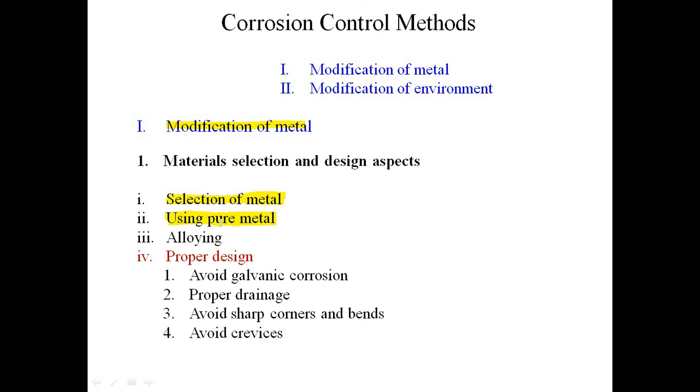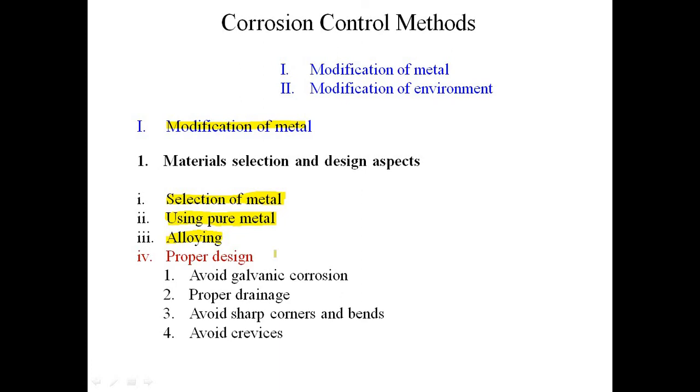The third one we are interested in is alloying of the metals. Let's say we need a metallic structure having high strength and a high melting point, I mean, a metallic structure which can withstand high temperature or pressure applications.